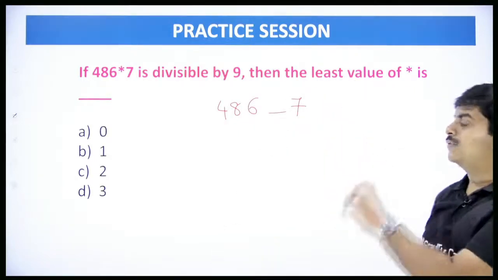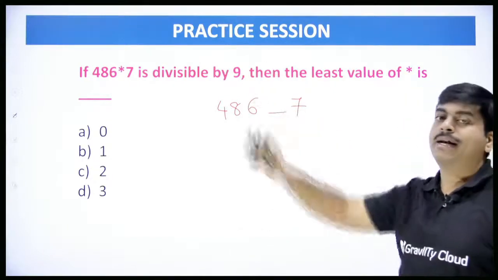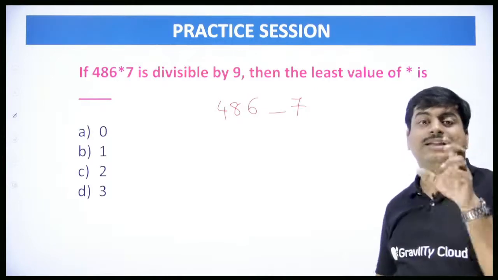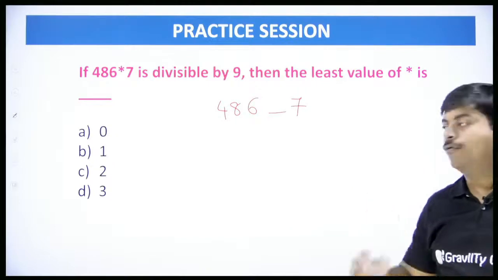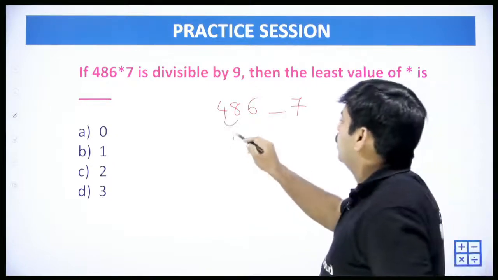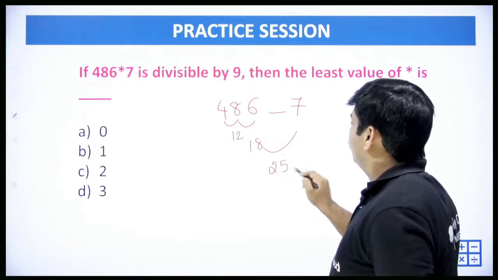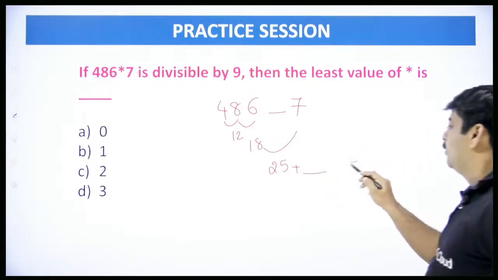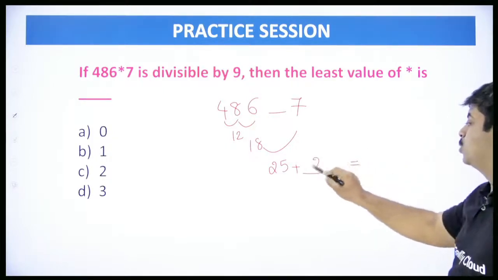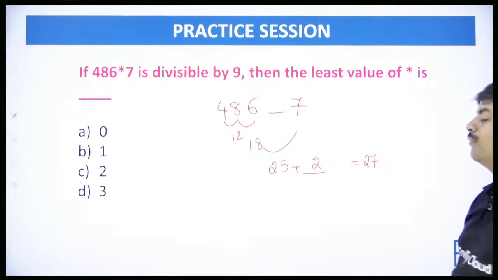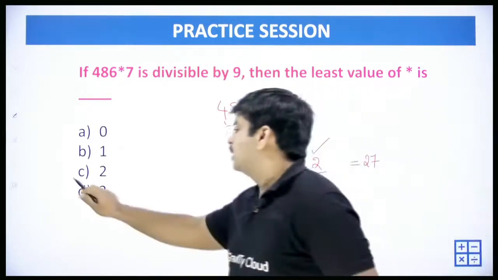You need to add all these digits, and the complete sum should be a multiple of 9. 4 plus 8 is 12, 12 plus 6 is 18, 18 plus 7 is 25. 25 plus which number will give you a multiple of 9? 25 plus 2 will give you 27. So the least number possible is 2.